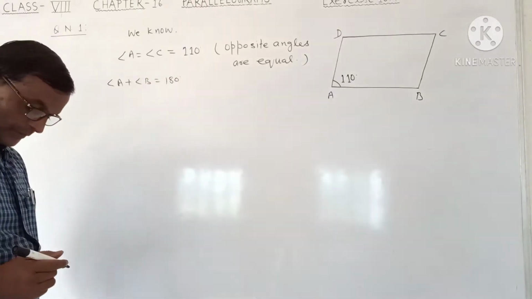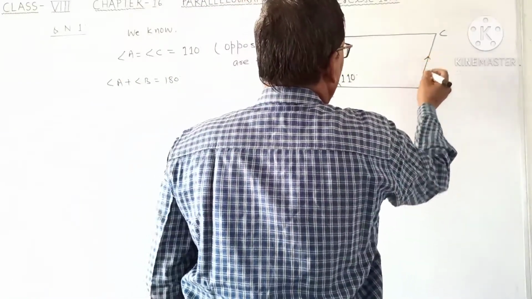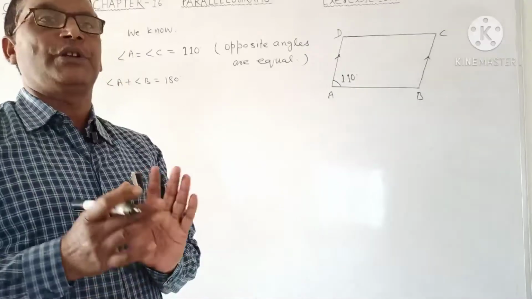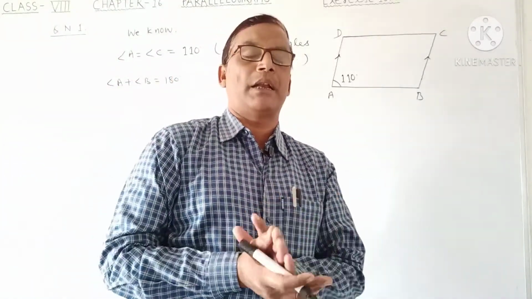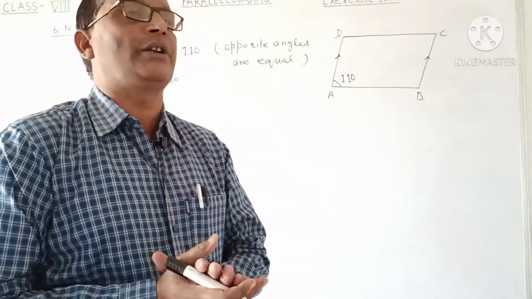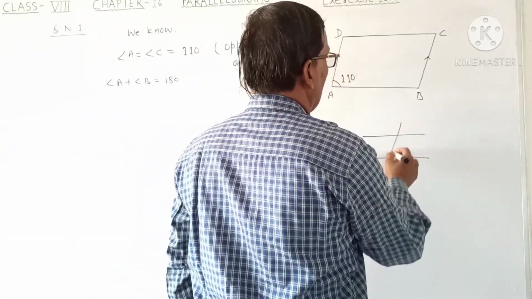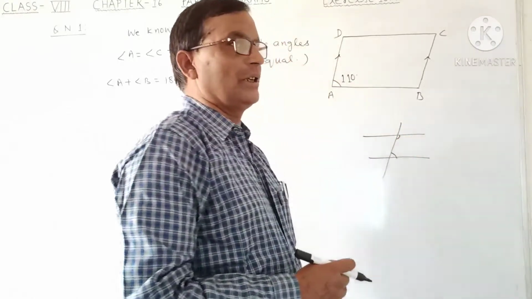कैसे? AD is parallel to BC. AD BC के parallel है और sum of interior angles between two parallel lines is always 180 degree. ऐसे सपोज करिए दो पैरेलल लाइंस हैं तो अगर इनके इंटीरियर एंगल का सम निकालेंगे तो ये 180 डिग्री होगा.